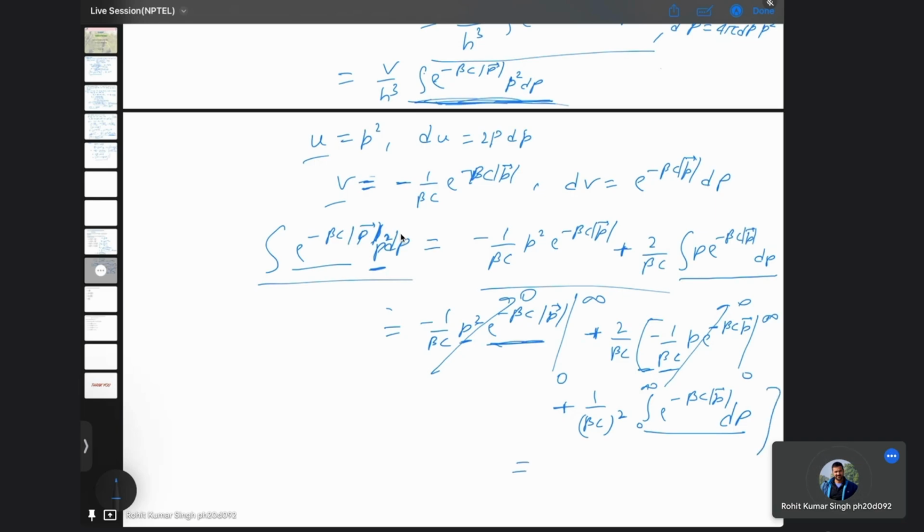So you are left with only 2 by beta c, and then if you integrate this you will have 1 over beta c. Yeah.